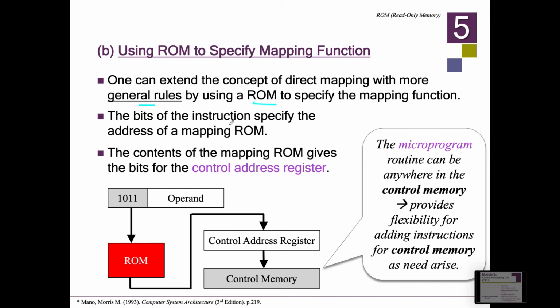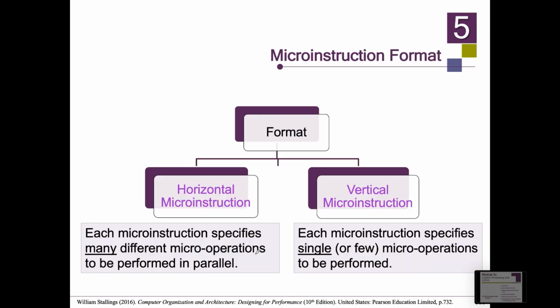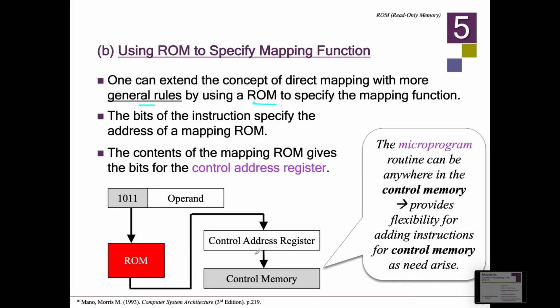The bits of the instruction specify the address of the mapping ROM, and lastly the contents of the mapping ROM give the bits for the control address register. So this is how basically you're going to come up with the answer. In this video, I'm going to cover until this part only.